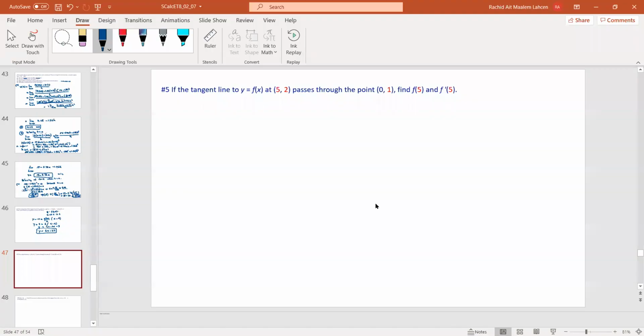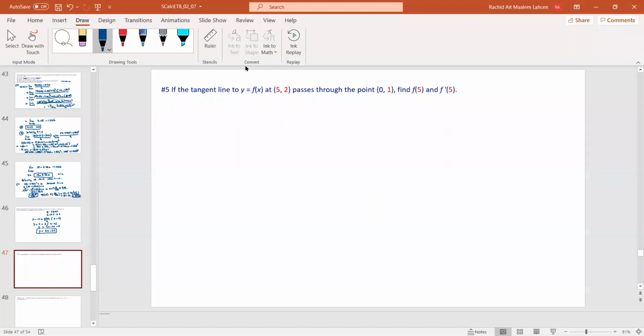If the tangent line, this is number 5, to y equals f of x at 5, 2 passes through the point 0, 1, find f of 5 and f prime of 5. So here what we're doing is connecting, advancing a little bit in calculus with the previous algebra, so we can connect between the tangent, the slope and the derivative.